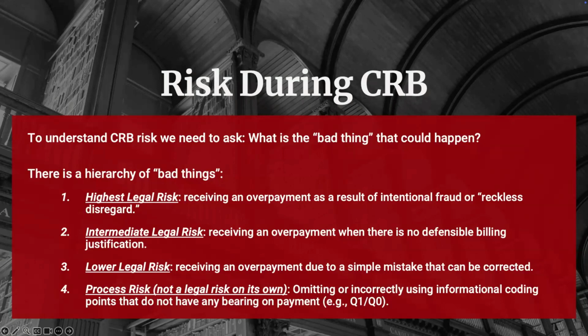If you accidentally leave off a Q1, Q0, or mix up Q0 from Q1, CMS is very clear: they don't make decisions about payment based on Q1 or Q0. It's information they'd like to have. It's information they do data analytics on, but it doesn't drive their decision whether to pay or not.